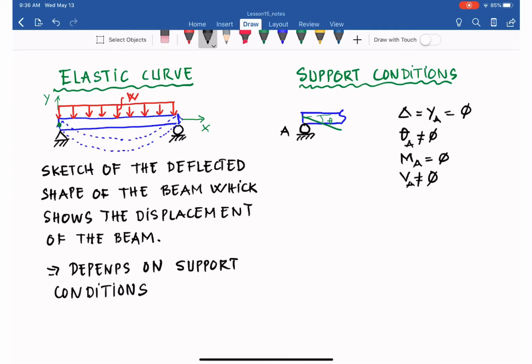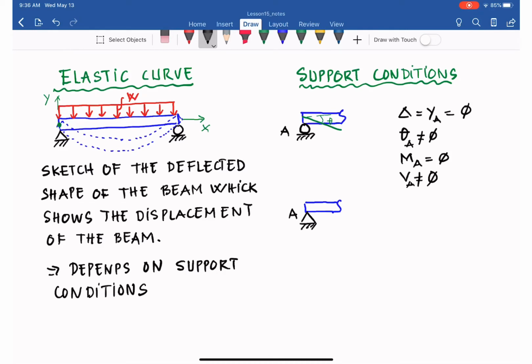In the second scenario, if we have a beam, and I show just part of it, and instead of a roller at A, I replace it with a pin. So let's write down here.